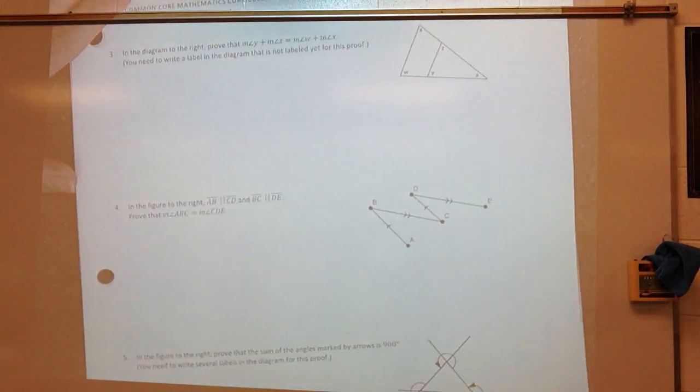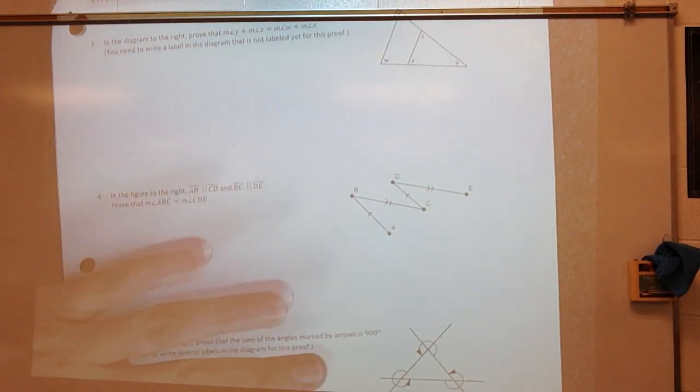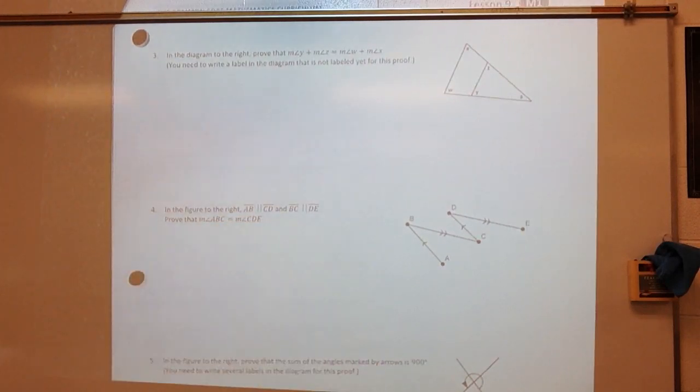All right, number 3. In the diagram to the right, prove that the measure of angle Y plus the measure of angle X is equal to the measure of angle W plus the measure of angle X. You will need to write in a label in the diagram that is not labeled yet for this proof.